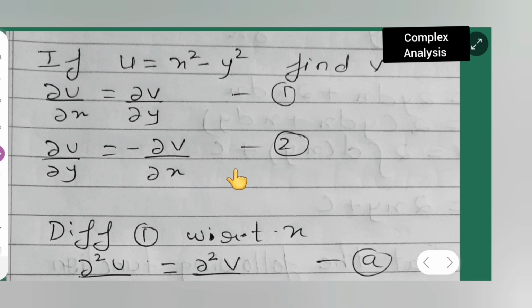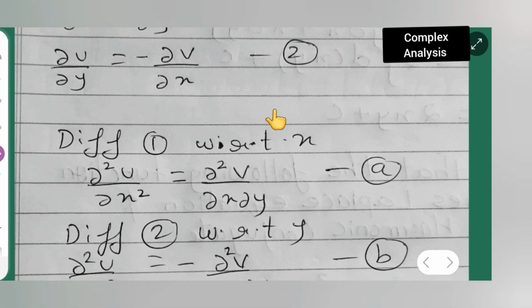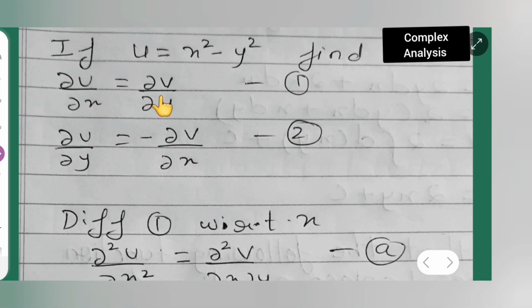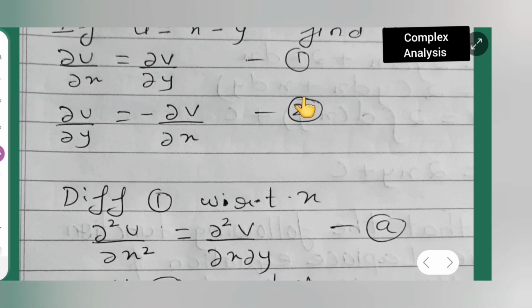Now what I have to do is differentiate equation 1 with respect to x. So what I am going to get is dou square u upon dou x square is equal to dou square v upon dou x dou y. I have differentiated both sides by x.